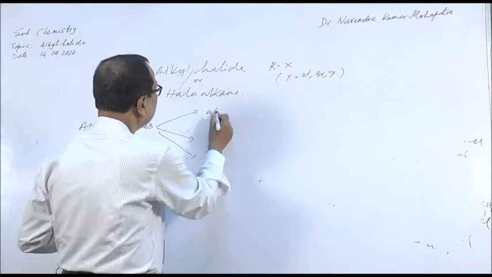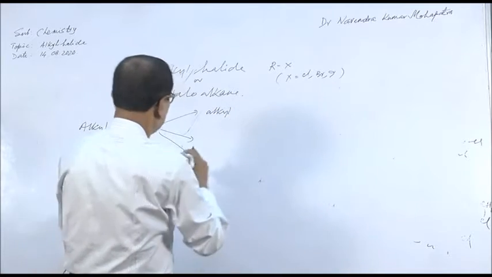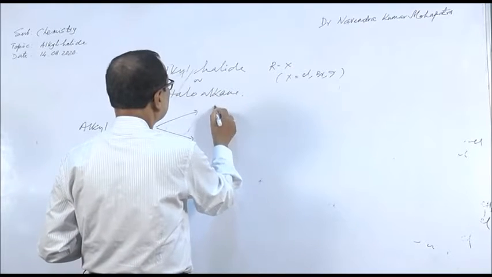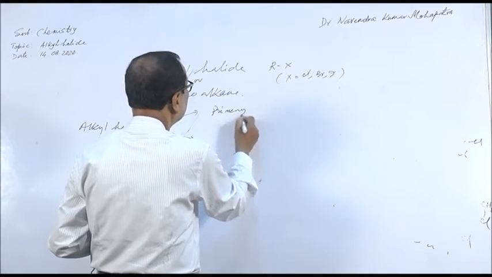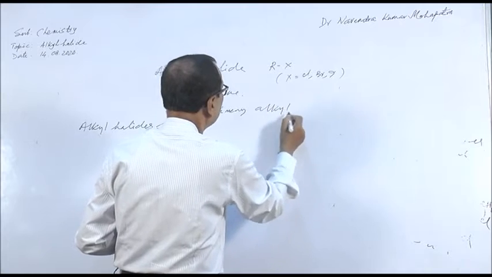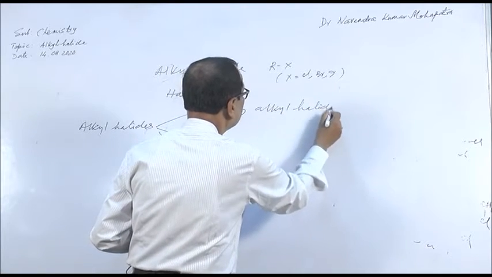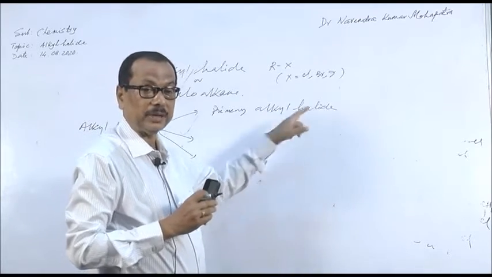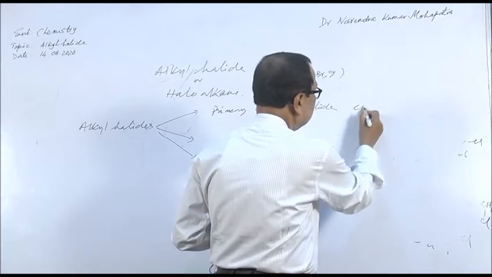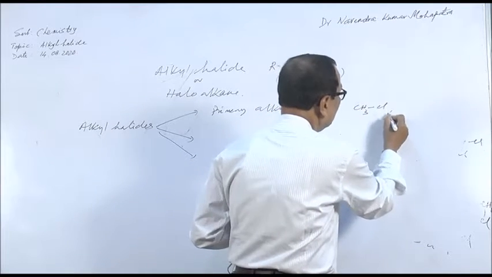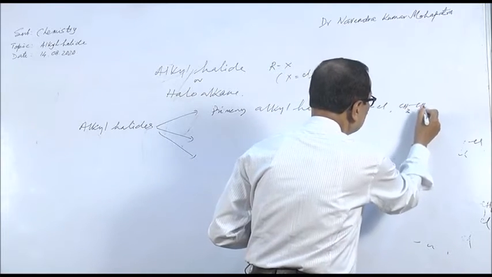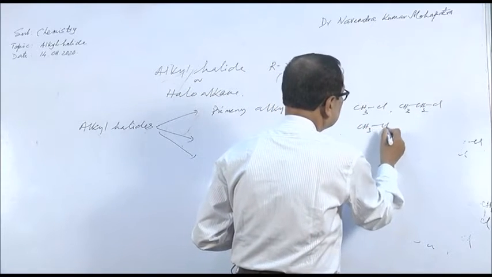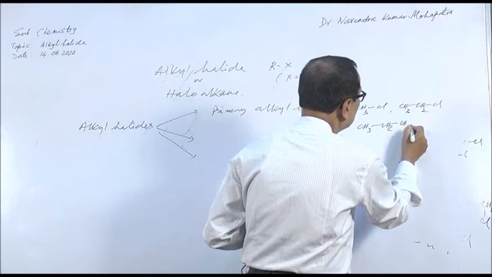One is primary alkyl halide. Primary alkyl halides are those alkyl halides where the halogen atom is present on a primary carbon atom, that is CH3Cl or CH3CH2Cl, or CH3CH2CH2Cl.